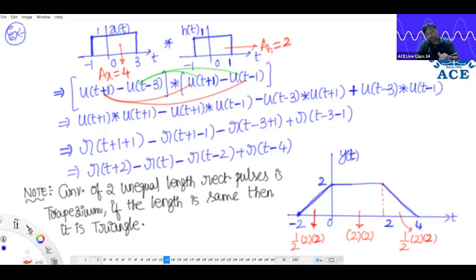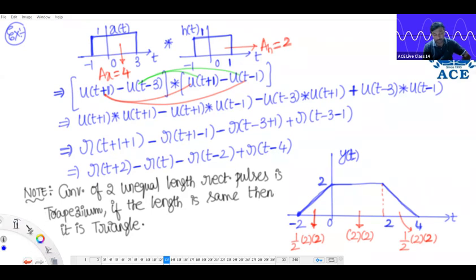Actually, with this theoretical statement, there is no need to solve in terms of step functions also. If you remember it correctly, no need to solve this way. I'll come back to this slide.